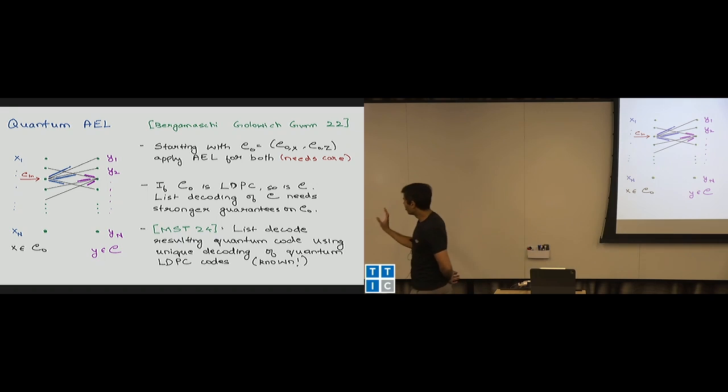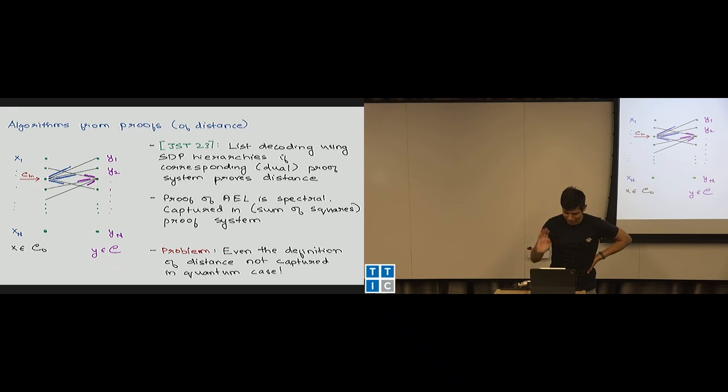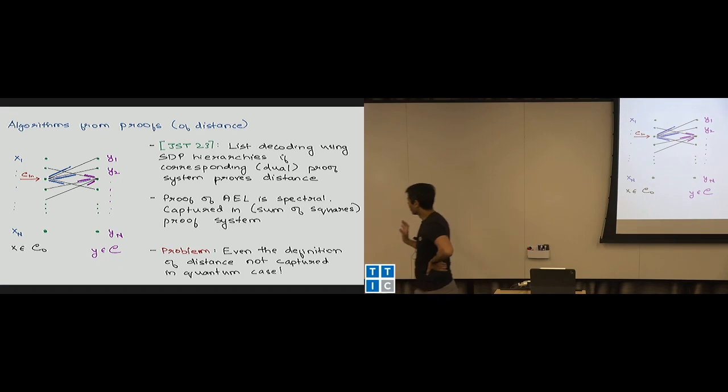Okay. Again, lots of details that I'm hiding. Just one thing, I've been lying this whole time. The way this works is if you can capture the distance proof of your code using some sort of proof system, which is a dual of some semi-definite hierarchy, both are called SOS hierarchy and SOS proof system, then you can basically fit it in our algorithmic framework.